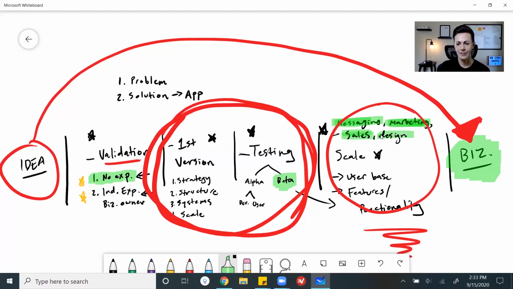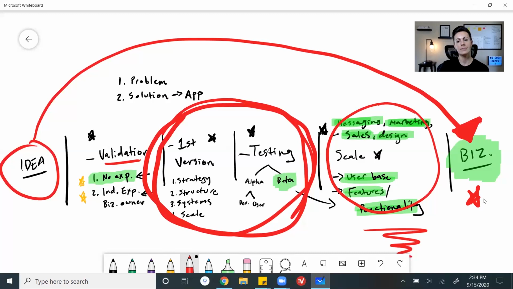The design isn't right. The app isn't really useful, because it's maybe hard to use, just because the design hasn't been developed based on usage, right? They don't get that expanded user base. They're not building the right expanded features or functionality. They just don't have any of those pieces they need in order to have a successful business on the other side.